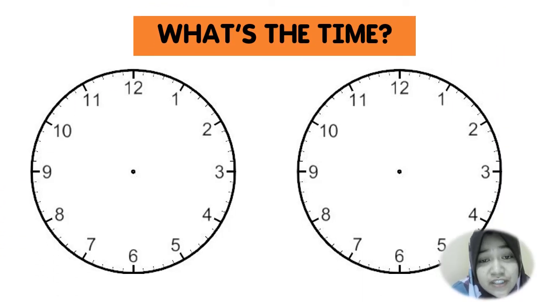Alright class, are you ready for question number 1 and number 2? You have to listen to what I say and you should draw the clock hands correctly. Ready for number 1? I'm going to repeat it 2 times, so I hope that you are able to draw the clock hands correctly.